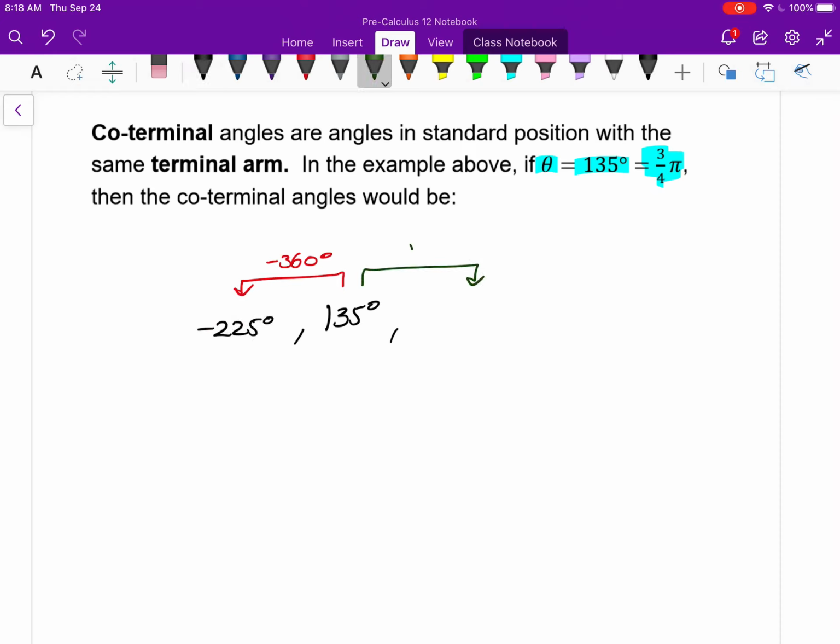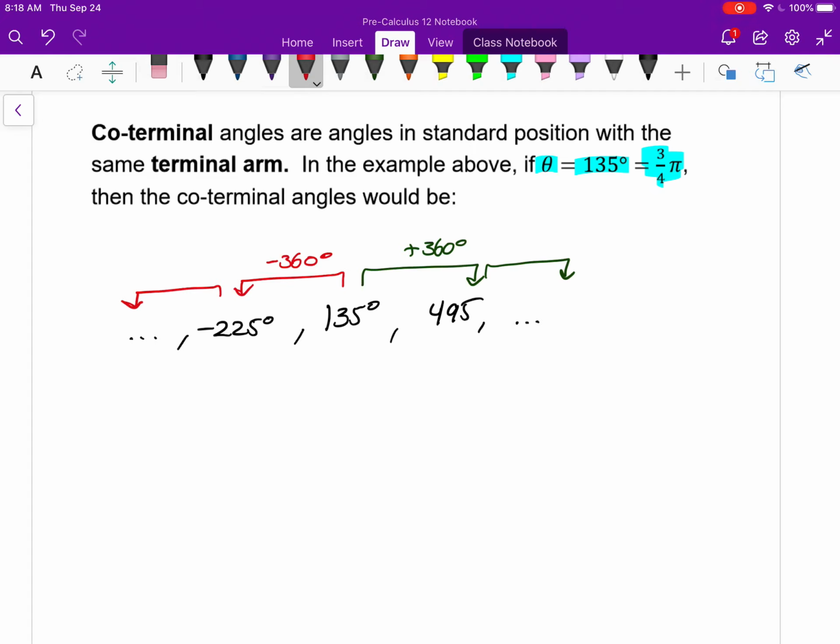If I add 360, I know that angle must end up in the same spot, which would be 495. And I know I can just keep doing this on in either direction. And so I know there must be an infinite number of coterminal angles that all end up in the same spot. An infinite number of angles that all have a terminal arm in the exact same spot.